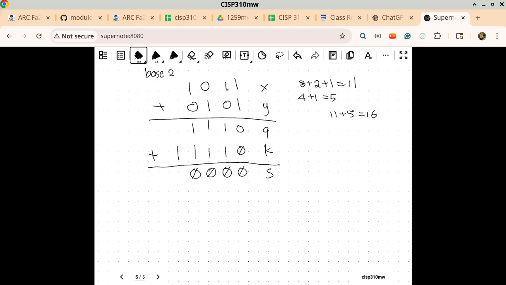It is 1 times 2 to the power of 4, because that's the position. 2 to the power of 4 is 2 times 2, which is 4, times 2, which is 8, times 2, which is 16. So the entire value of 16 is represented by the overall carry of 1 in this case. So everything checked out. They all checked out.